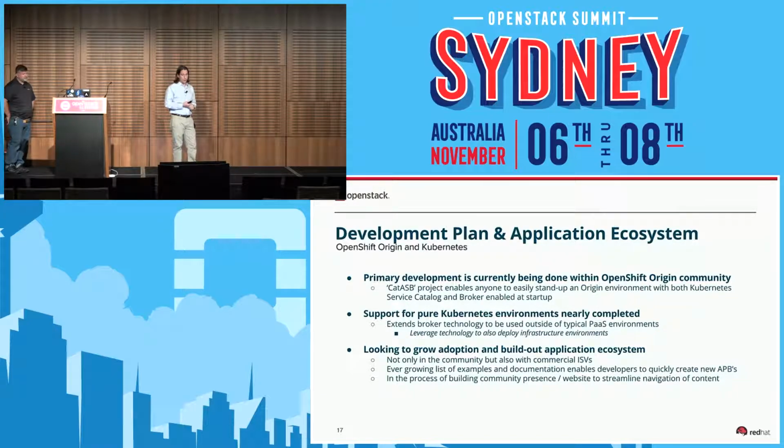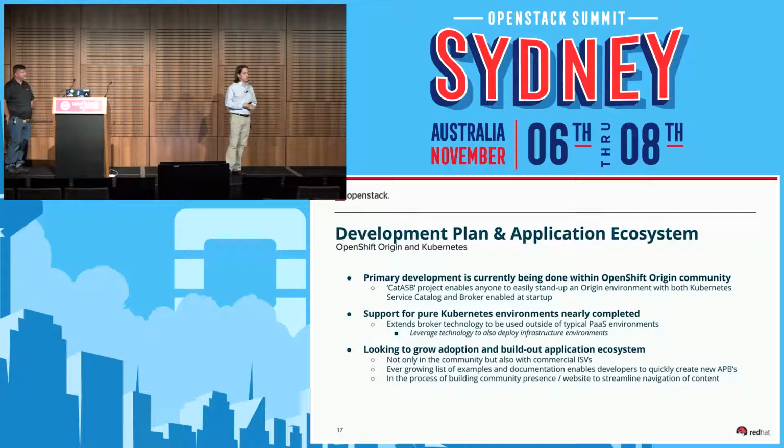The other thing we want to do is build out the application ecosystem. We already have a ton of applications out there, but we want to build more. That includes not only community contributed ones, but also commercial ISVs, right? It's great that someone can say, hey, I stood up this instance of MongoDB or MySQL or MariaDB, but it's not supported.